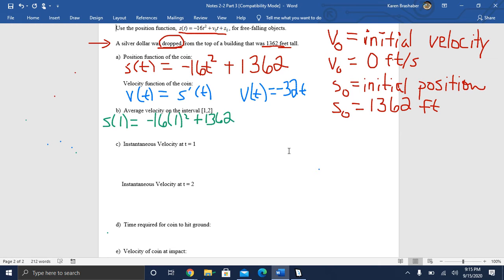So I'm just plugging in 1, and so S of 1 is going to equal, as I said, 1,346. I can also find S of 2, and so S of 2 means I'm going to plug in the 2 into the position function. And S of 2 equals 1,298.